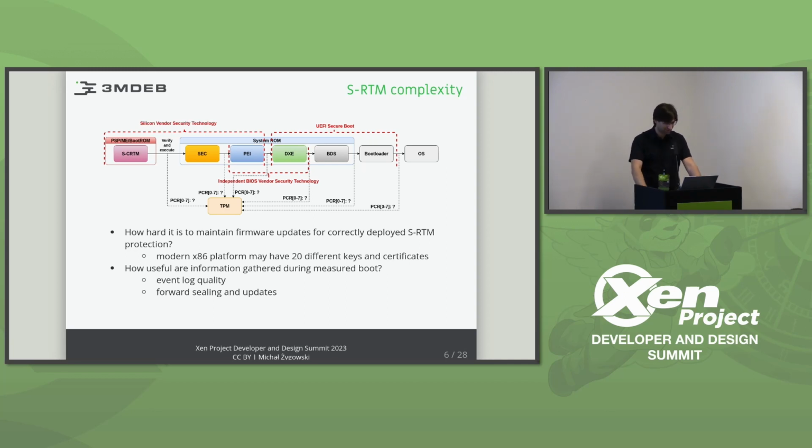This raises concerns about, for example, the event log quality from the TPM measurements, and that raises the problem of forward sealing and various software updates that will, of course, change our measurements and lead to different footprints of the software we run. So we have to update our golden measurements which we trust, and this is often problematic if we have hundreds of UEFI executables inside our flash chips on board.